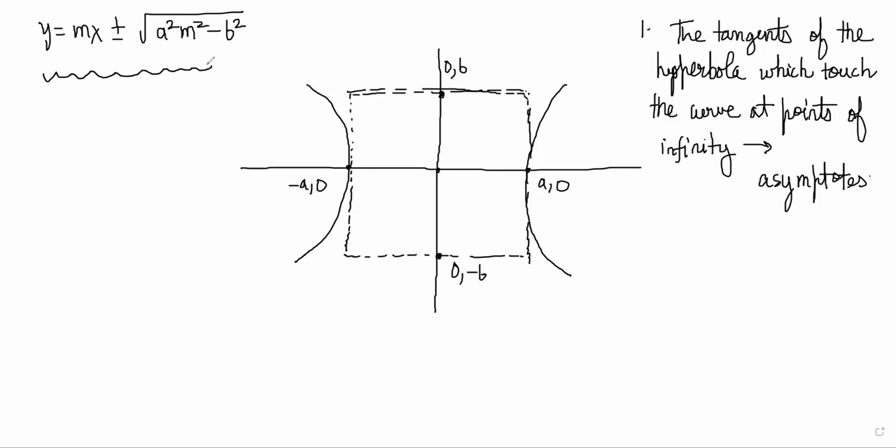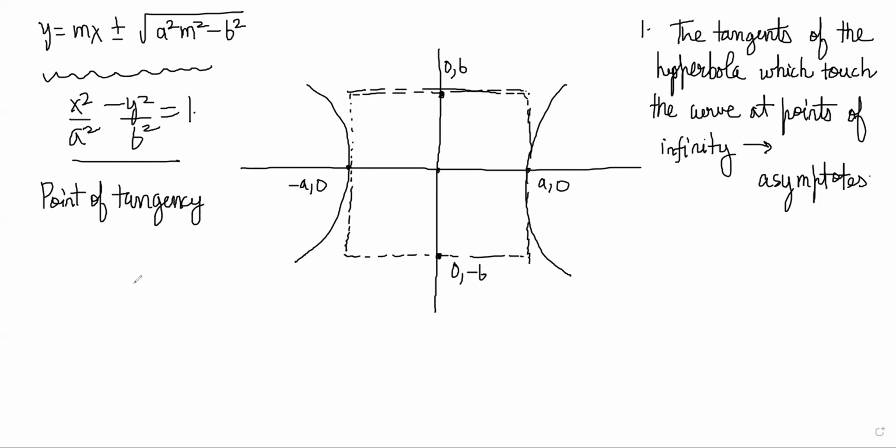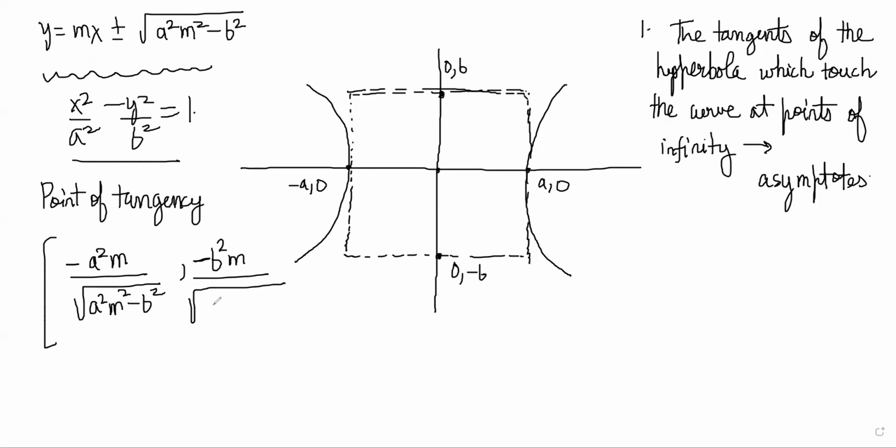Here, if this was the equation of my tangent and x square by a square minus y square by b square equals 1 was the equation of my hyperbola, then the point of contact or point of tangency, if you solve these two equations, comes out to be this: minus a square m by root over a square m square minus b square, comma, minus b square m by root over a square m square minus b square. This is the point of tangency of this tangent, right?